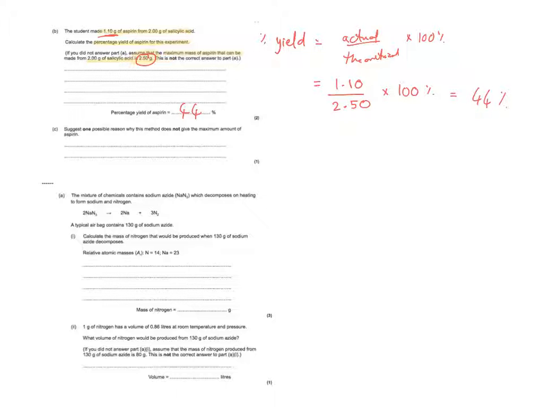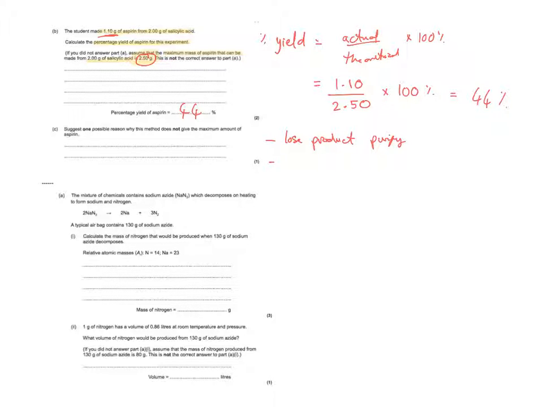Suggest one reason why the method does not give the maximum amount of aspirin. So why is it rare that we get 100% yield? Well, we'll often not get 100% yield for a few reasons. We may lose some product when we purify.